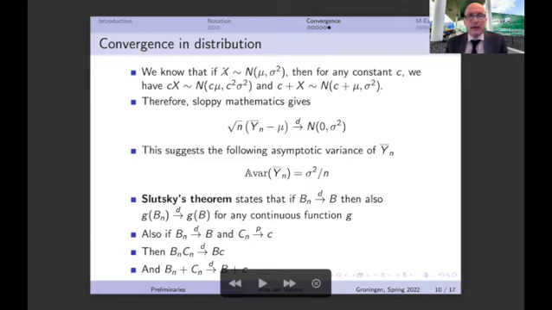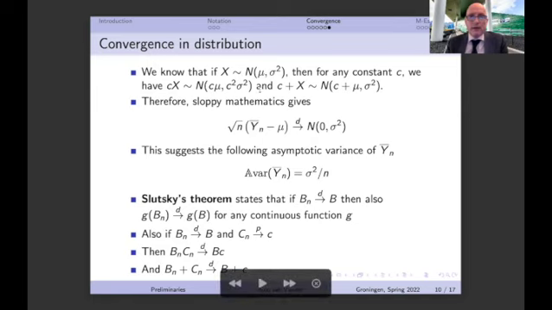At the moment that we know that a particular random variable x is normally distributed with a mean equal to mu and sigma squared as the variance, and we have a constant c, then if we multiply that constant c with the random variable x, we still have a random variable, and we even know that in that case it's normally distributed with a mean equal to c times mu and a variance equal to c squared times sigma squared.